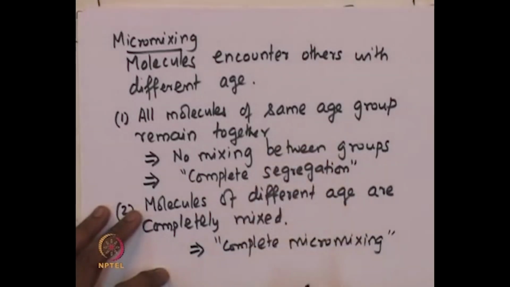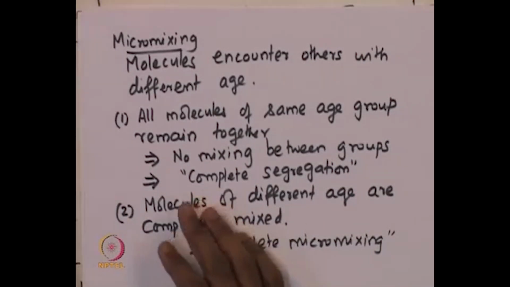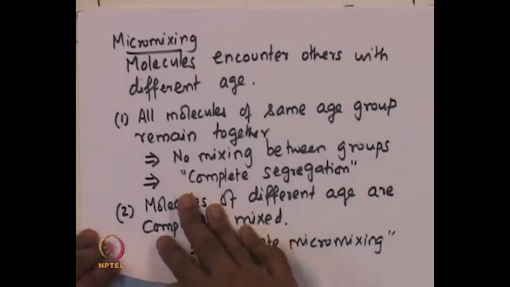So, these two states of complete segregation and complete micro mixing have strong implications on the performance of the reactor. Now, for a given residence time distribution function, remember that the residence time distribution only characterizes the macro mixing inside the reactor. For a given RTD, the upper and the lower bound of the conversion achieved in the reactor are controlled by these two limits of micro mixing, that is the complete segregation and the complete micro mixing.